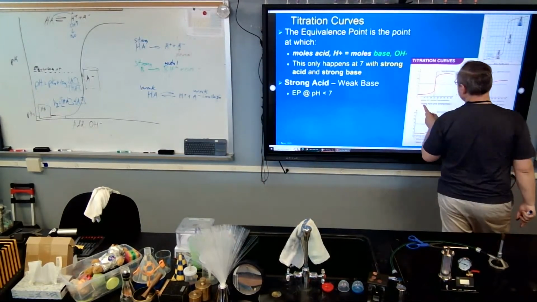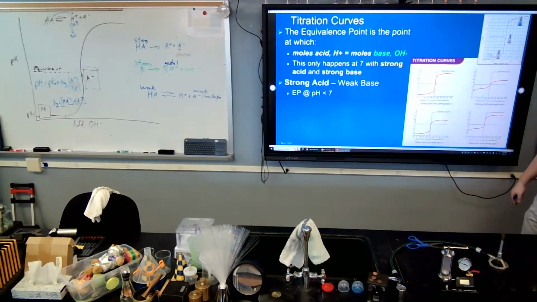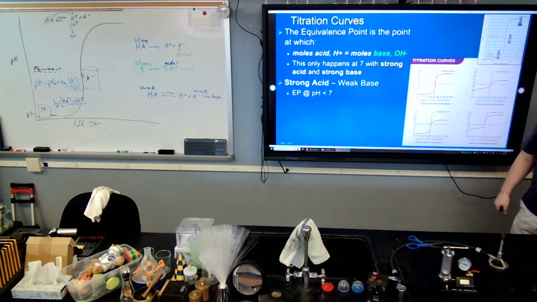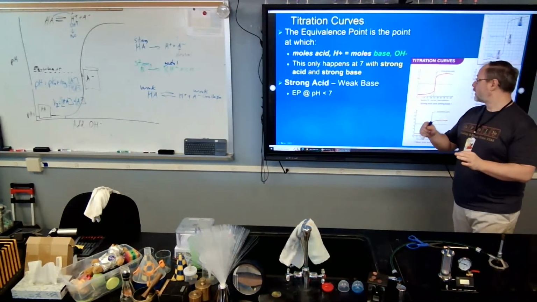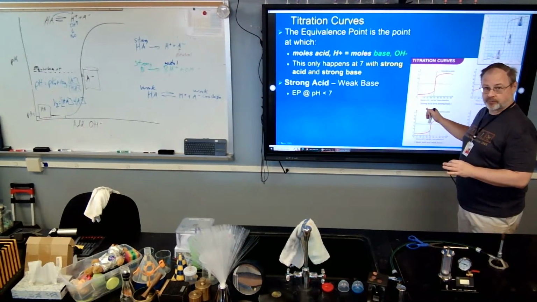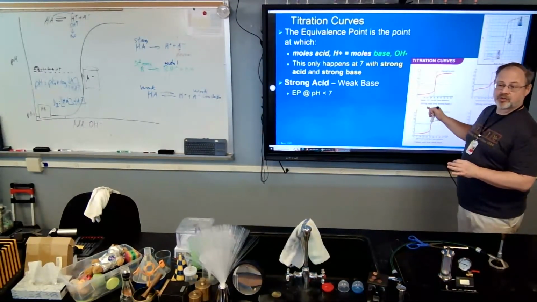If we react a strong acid with a strong base, the equivalence point will be 7. Listen carefully. It will be 7 because the conjugate of the strong acid is a negligible base, and the conjugate of a strong base is a negligible acid.